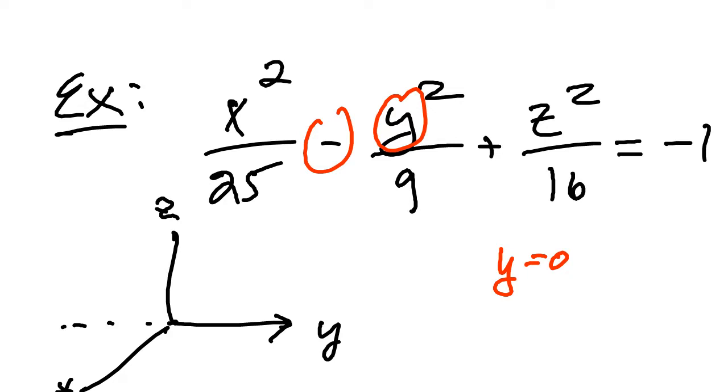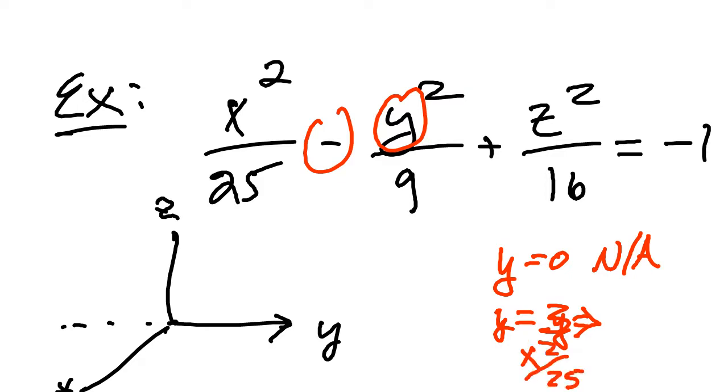Well, if y equals 0, there's no graph, right? But at y equals 3, what do I get? I get 3 squared over 9 is 1. I got minus 1, I add 1, and then I get x squared over 25 plus z squared over 16 equals 0. Well, that's only true when x is 0 and z is 0. So over at 3, I get 0.